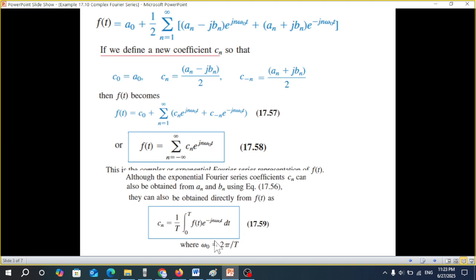Just like the inverse Laplace transform or inverse Fourier transform, we can find Cn by the integration method: 1 over T, integral of f(t) e raised to the power minus jnω0t dt, where ω0 is 2π over T. So for Cn, we have this equation.